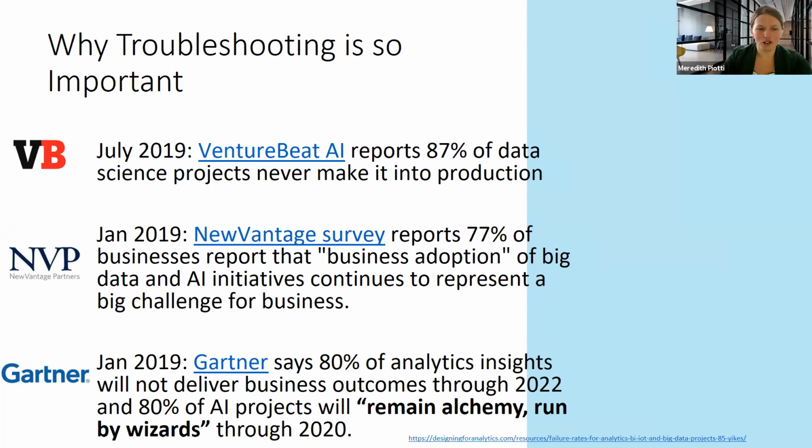But here we are. These quotes are from 2019, so they're 2 years old now, but look at these numbers: 87%, 77%, 80%. People try to do these big data, AI, data analytic products, and they fall flat. People are not successful out in the business world doing this because they don't understand all the skills that come around data analytics.